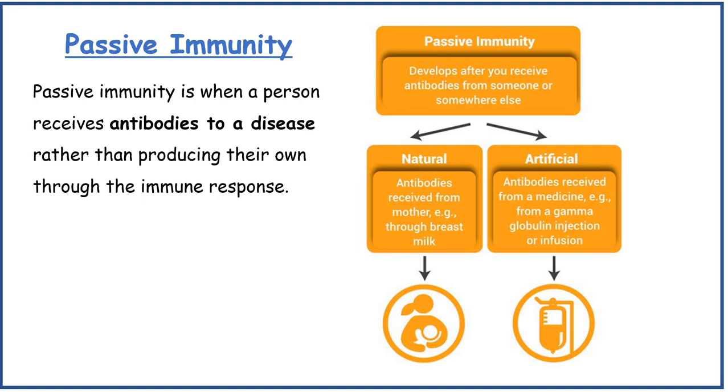Natural passive immunity would be, as an example, through breast milk. When a mother is breastfeeding, some antibodies are passed on to the baby. And artificial antibodies can be received from a medicine, for example, from a gamma globulin injection or infusion. So that's if you've got a disease, they'll give you some antibodies to try and help your body attack the pathogen.